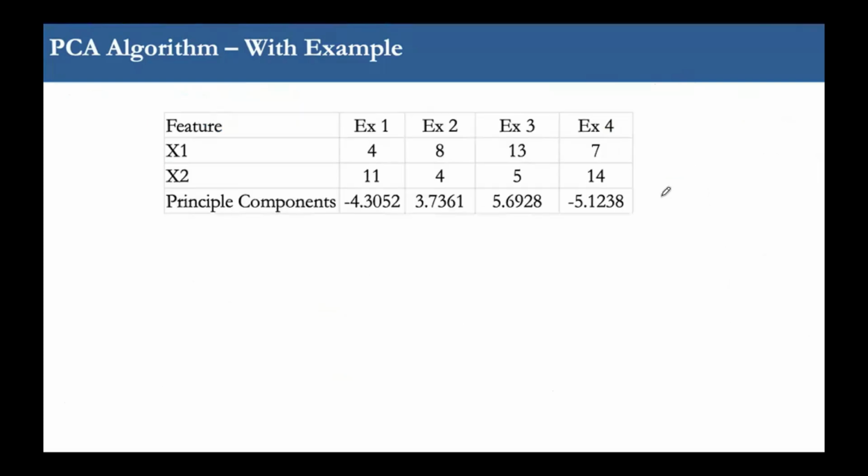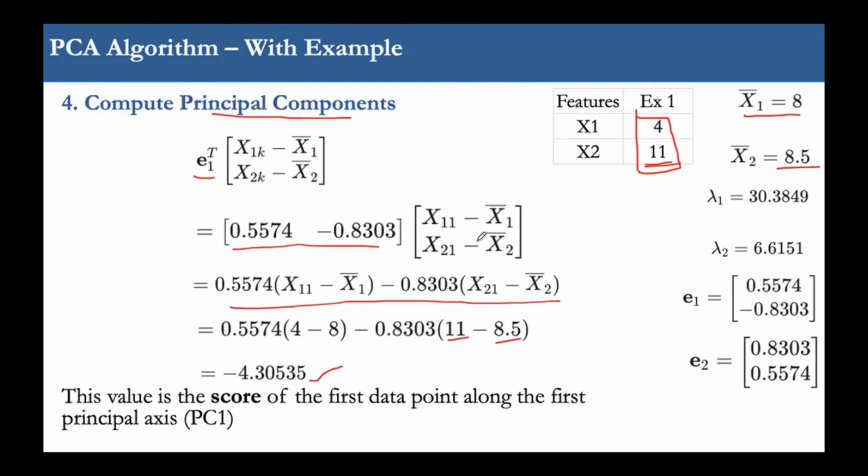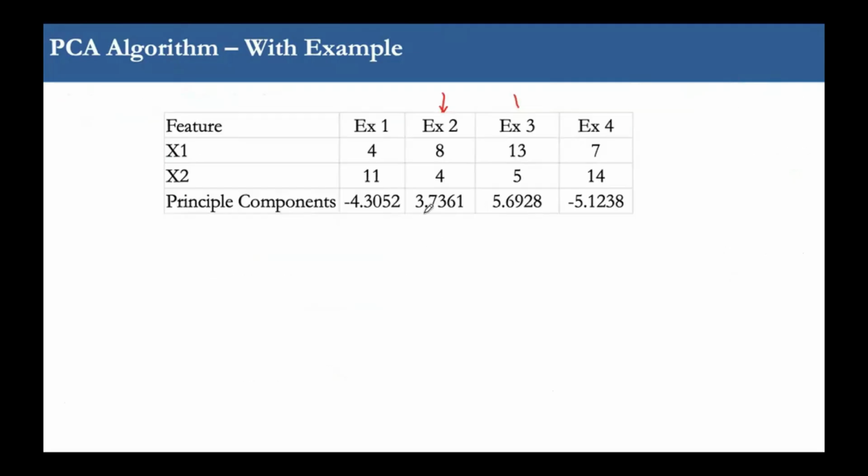Similarly, you need to do this for all the remaining data points. When we substitute 8 and 4 instead of x11, x21, using the second data point, we get this principal component.